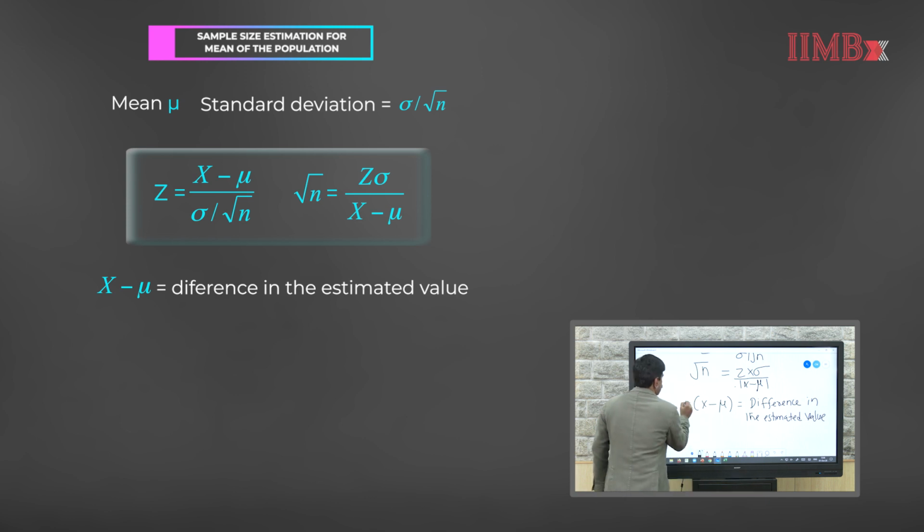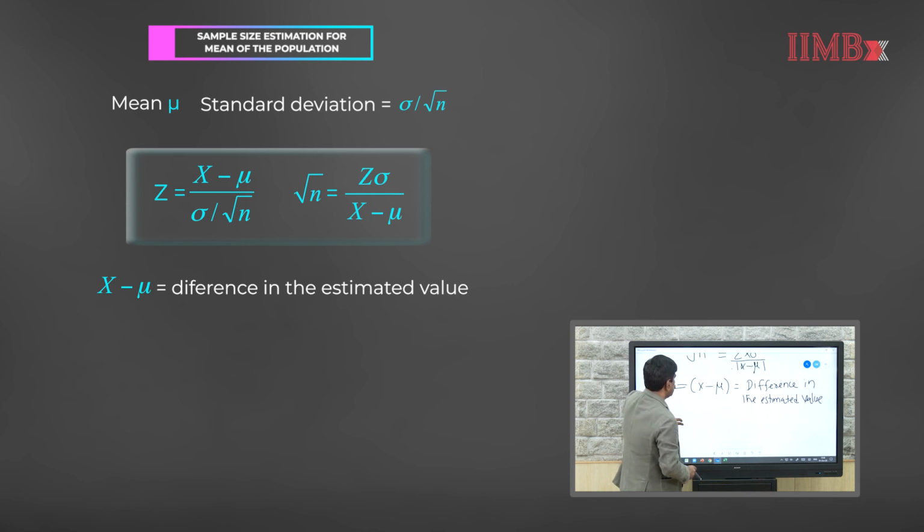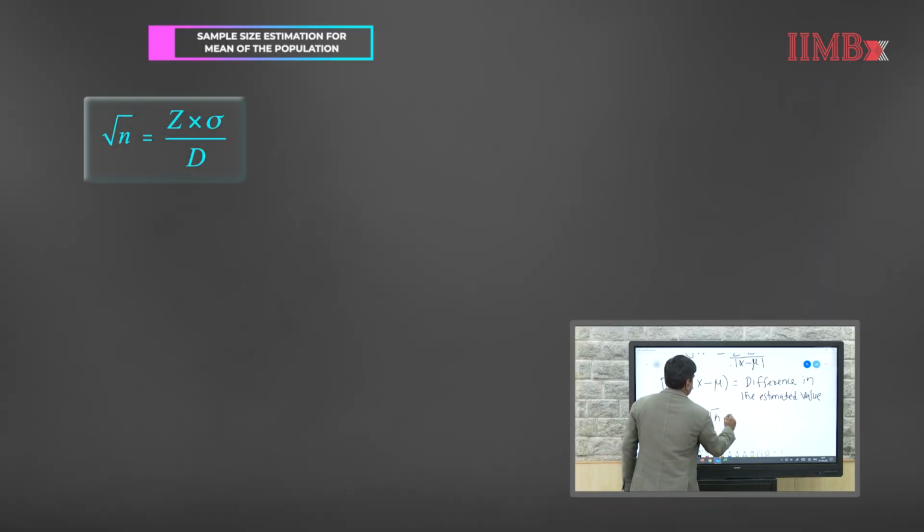So, I am going to take this difference as d, and substitute that in the equation. So, what I will get is under root n is z times sigma divided by d.